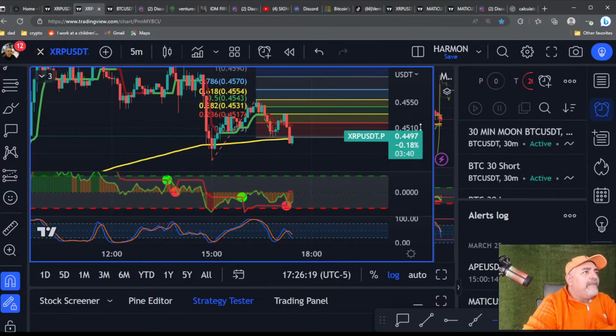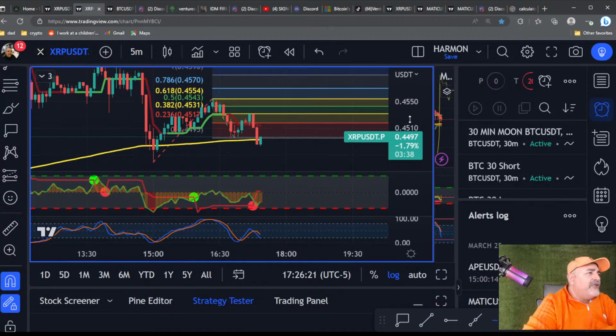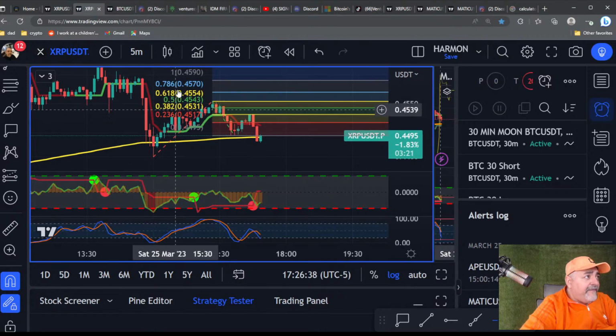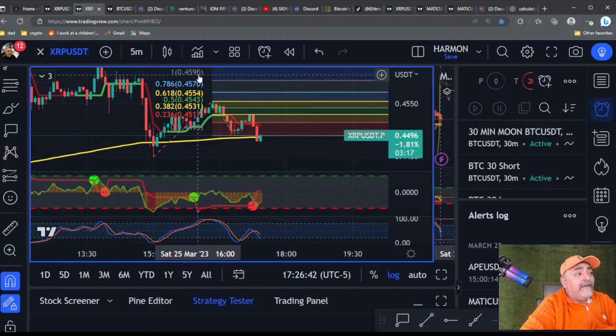Now, the thing that I want to point out, guys, is that this short is a very small short, because what are your Fibonacci's doing, right? Your Fibonacci's are still pointed up. Look at the Fibonacci's. They're still going up, meaning that there's still buys here.